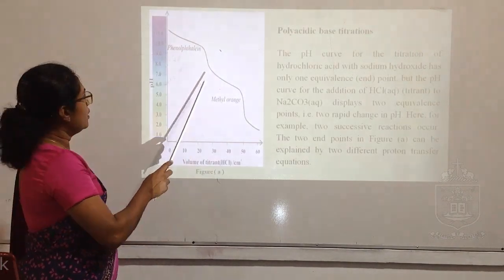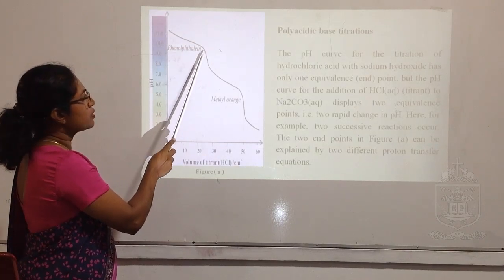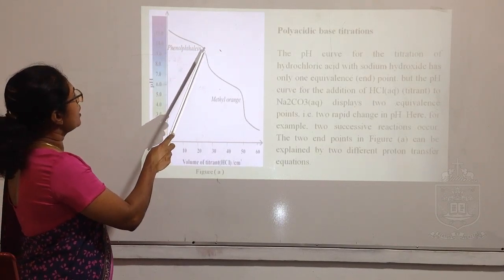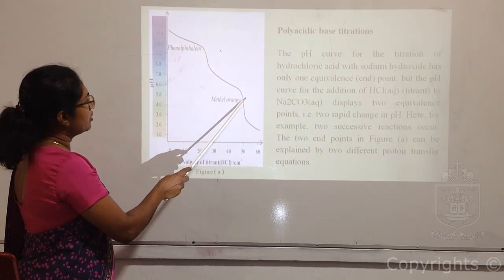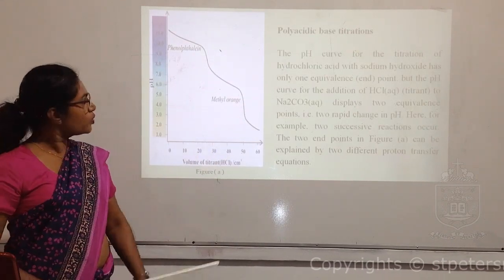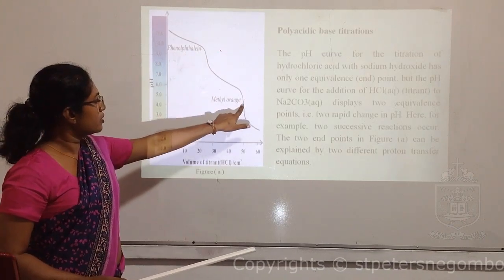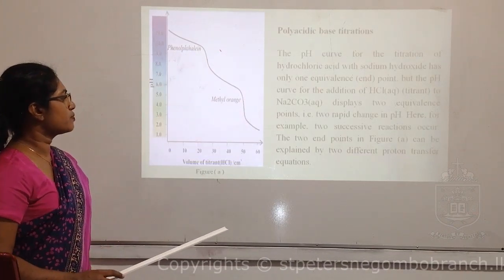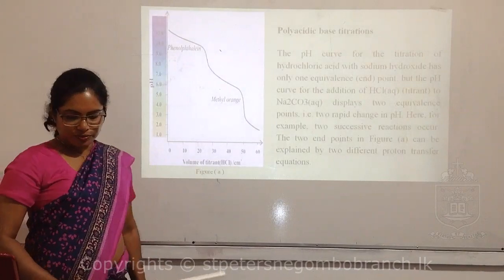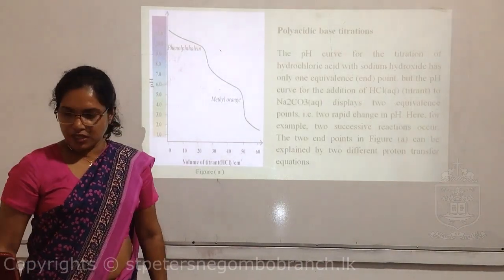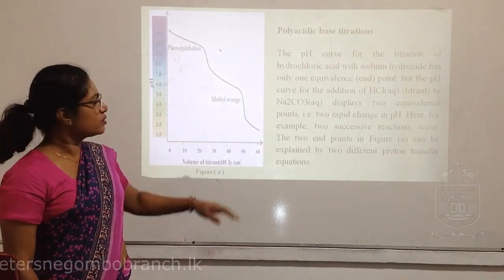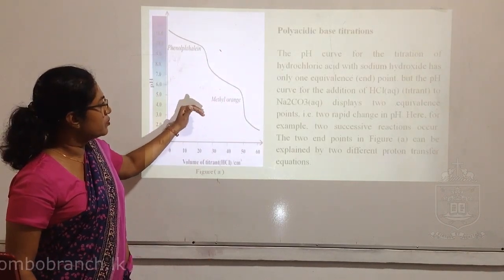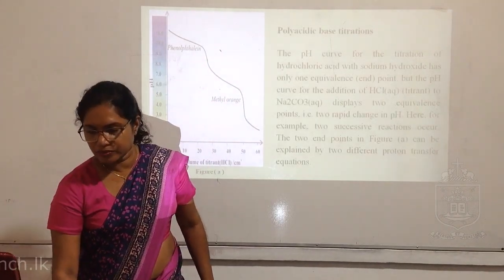We can see here there are 2 rapid changes in pH, in here and here. Now let's see why we can find these two different steep changes in pH.